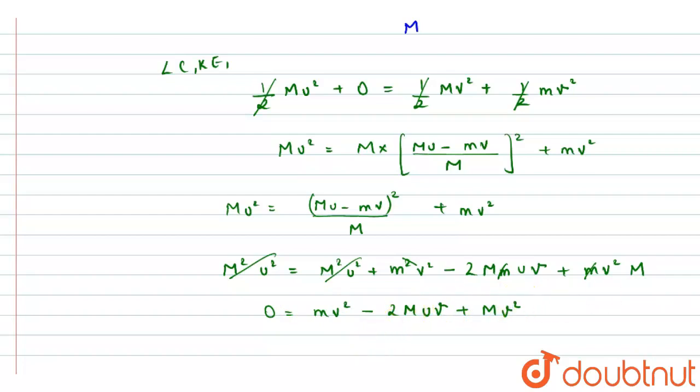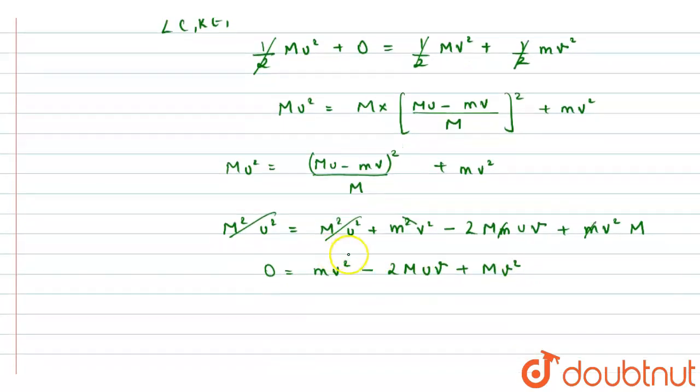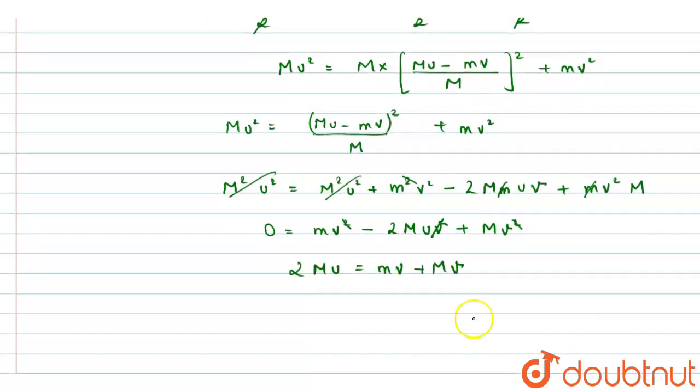So from here we can cancel out the velocity term v once, and we will be left with 2 M u equals m v plus M v. So from here we can write the velocity v equals 2 M u divided by (m plus M).